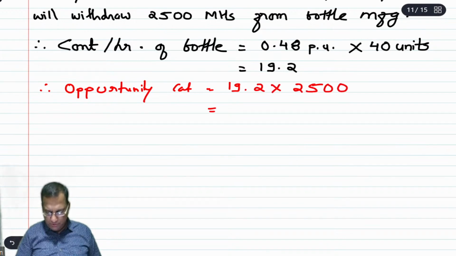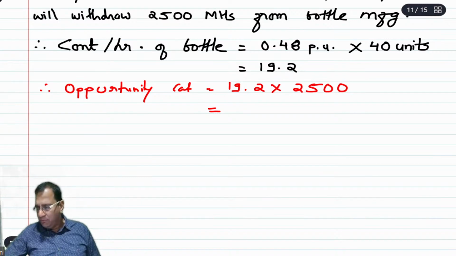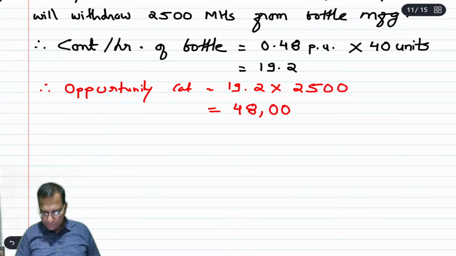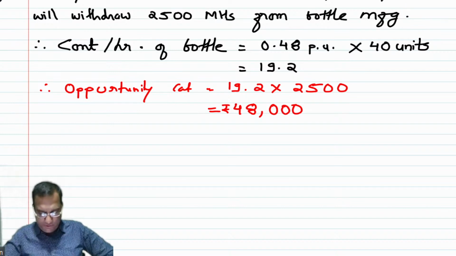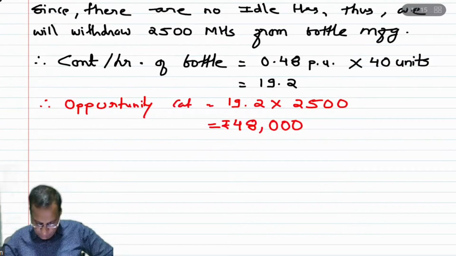It's 48,000 rupees. 48,000 rupees of opportunity cost we will create by withdrawing the hours from the bottle manufacturing division.